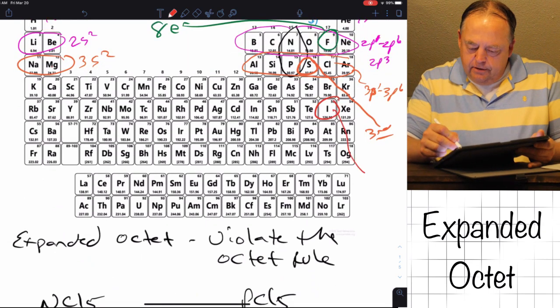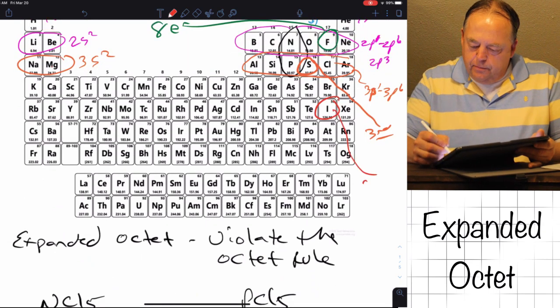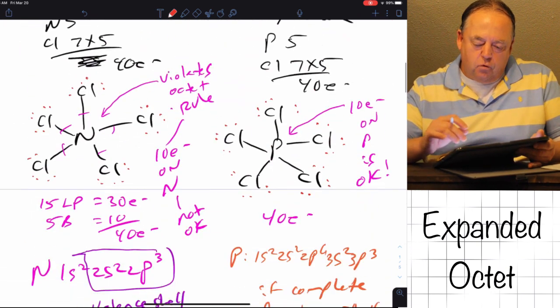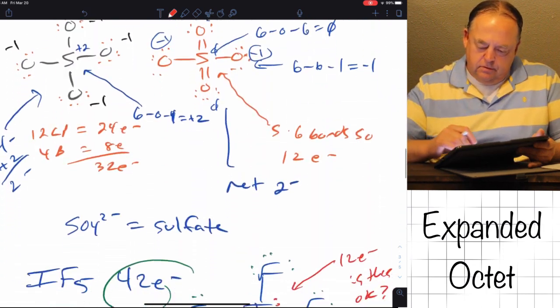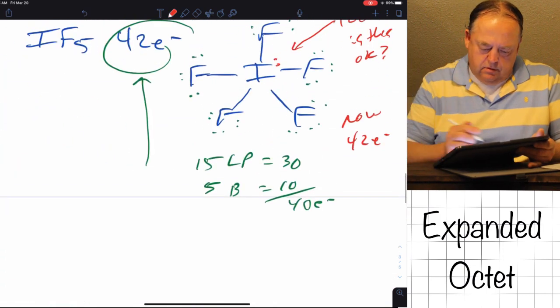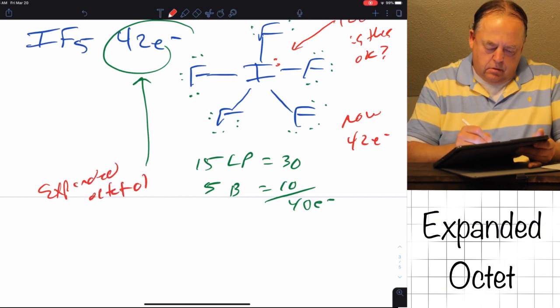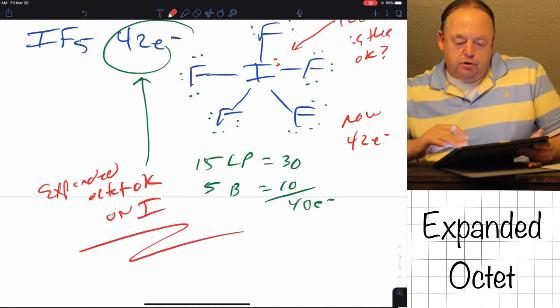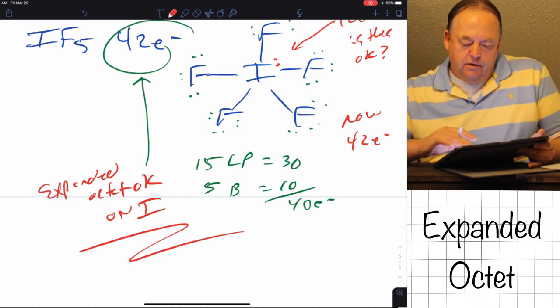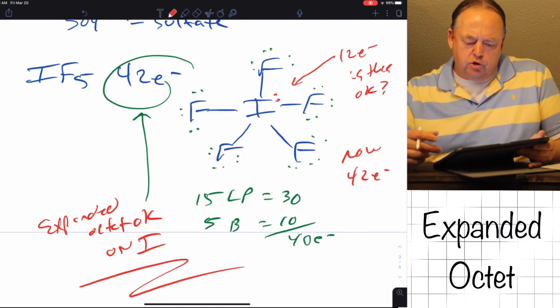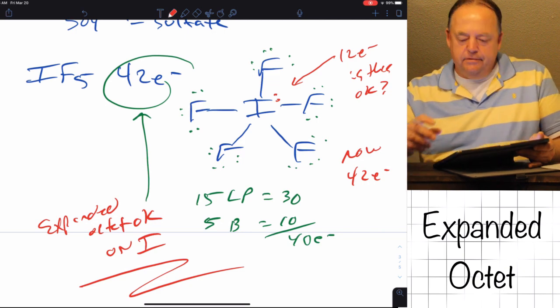So iodine is here. It's in the 2nd, 3rd, 4th, 5th period. So yes, iodine can have an expanded octet because it has d and f orbitals, so this is okay. So then that's the structure. So fluorines each have an octet. It's 42 electrons. Iodine can have an expanded octet, so that's a good structure. That's what IF5 looks like.